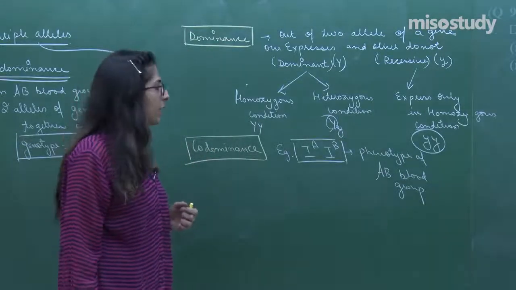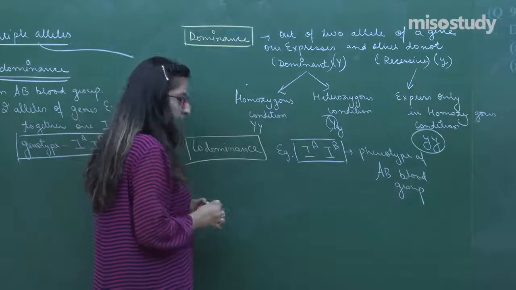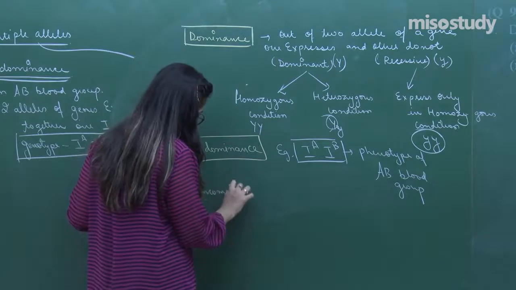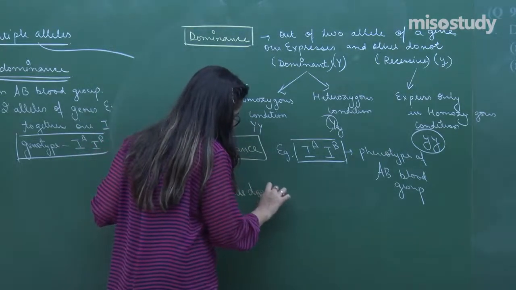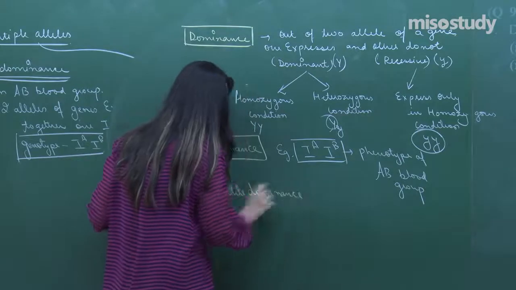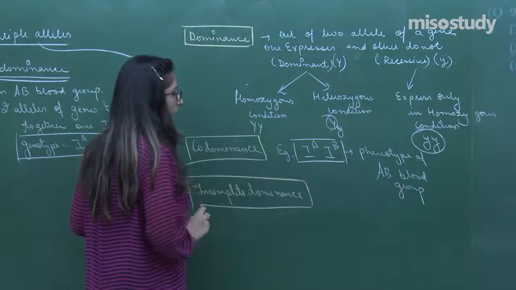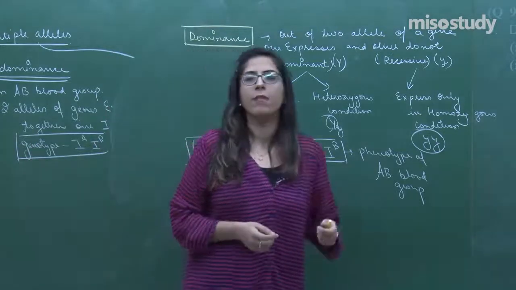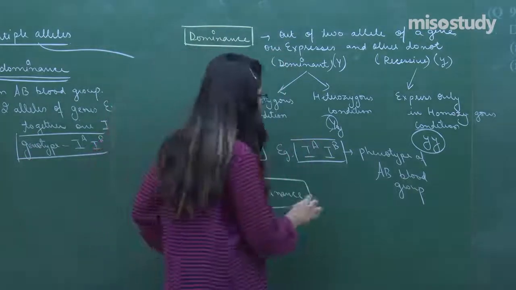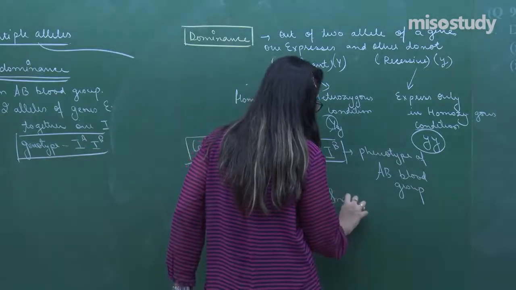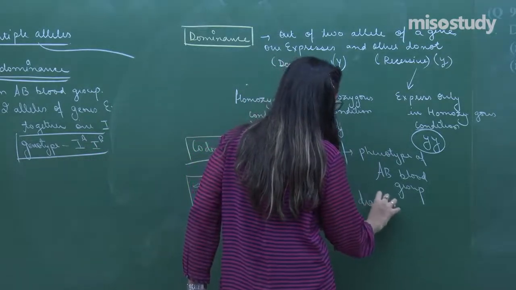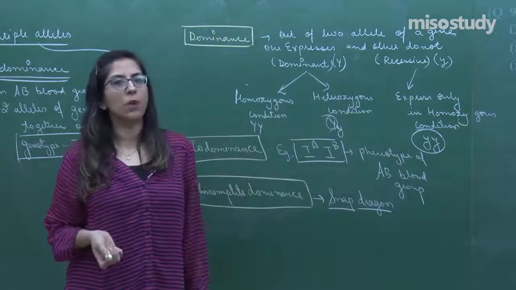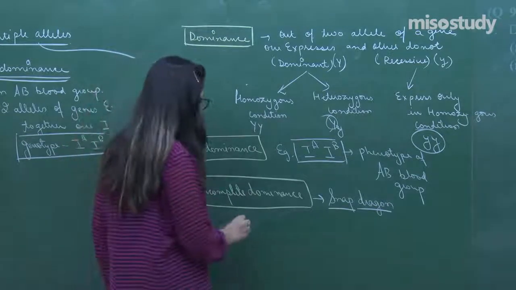Next is incomplete dominance. We have studied incomplete dominance in case of the four o'clock plant, Mirabilis jalapa, or we have already learnt about the same in case of snapdragon, where both of the alleles will not be able to express properly, so intermediate forms are present.